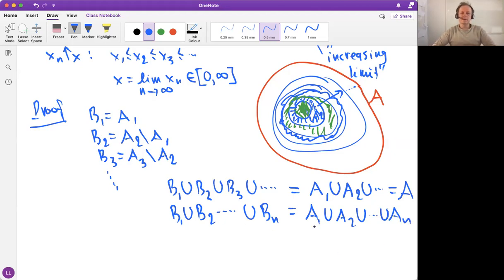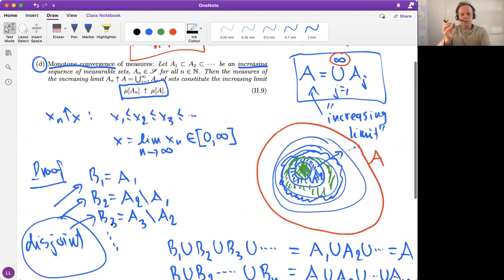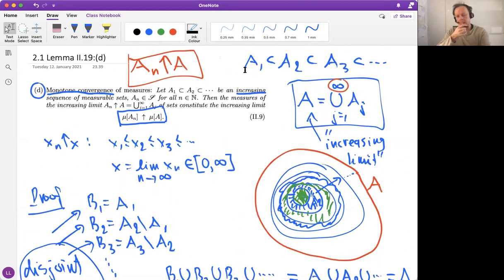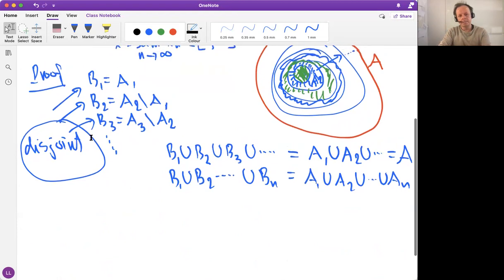What's the difference? The unions are the same, but why do we care about B1, B2, B3? The thing is that these are disjoint. The original sets A1, A2, etc. are usually not disjoint because they are contained in each other. So far from disjoint in general, but B1, B2, B3 are disjoint.